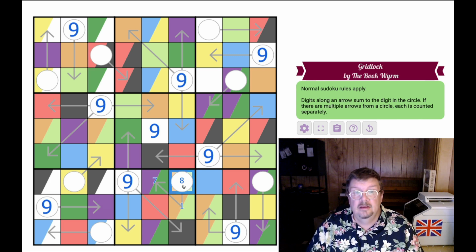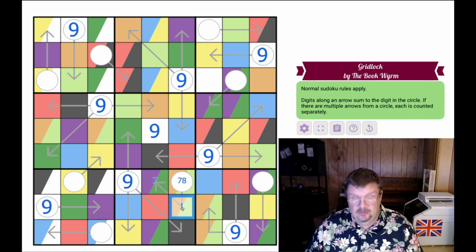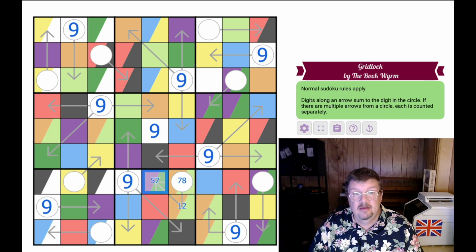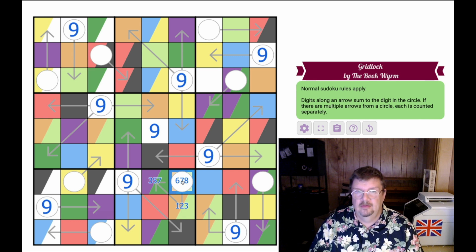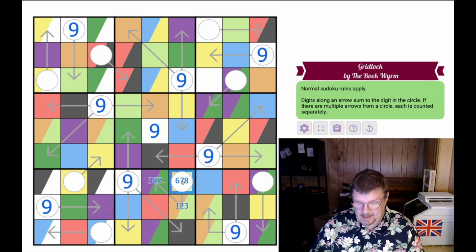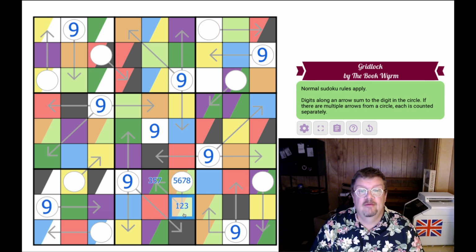This could be 7 and 2, which would make that 5. This could be 6 and 3, which would make that 3. I'll come back to that in a moment, because I've just spotted something else, and then I'll come back. That's really nice. All right, 5 and 4, which would make that 1.